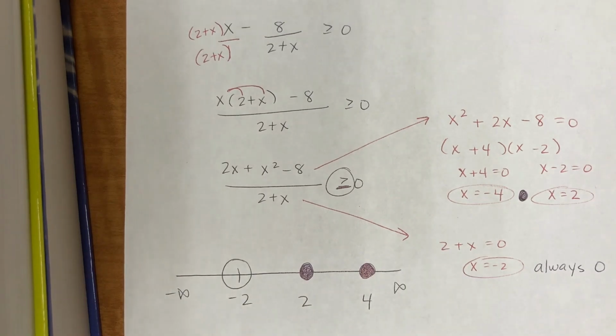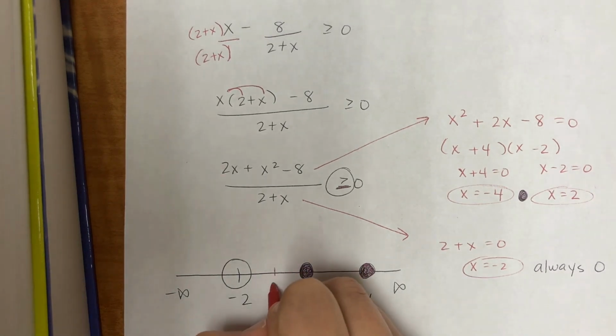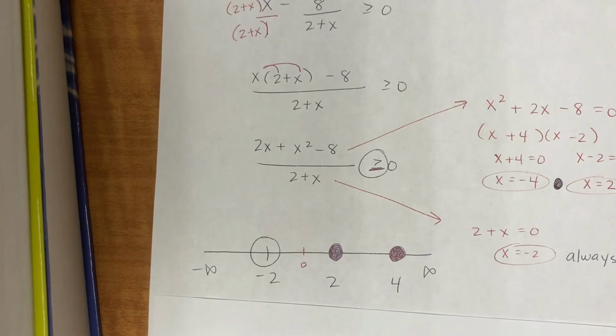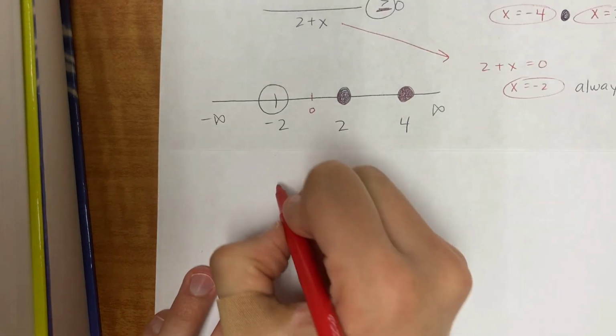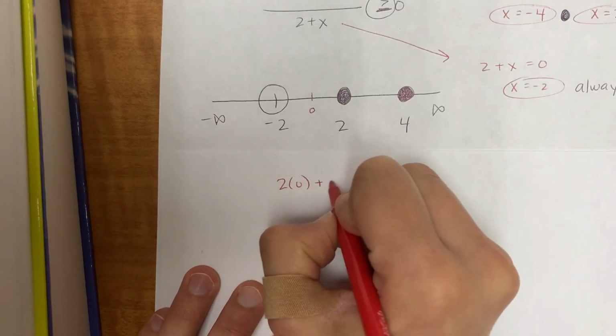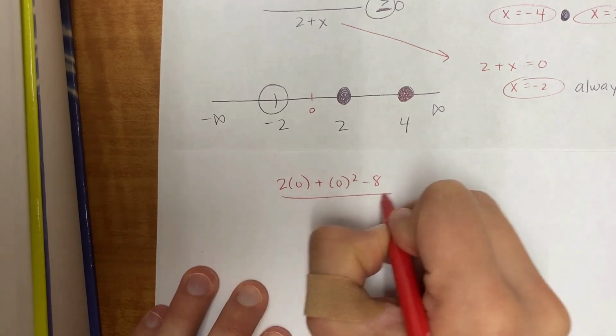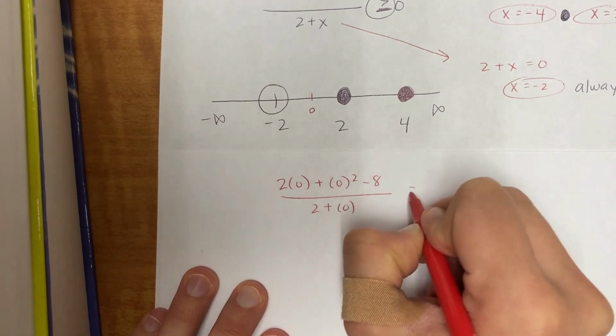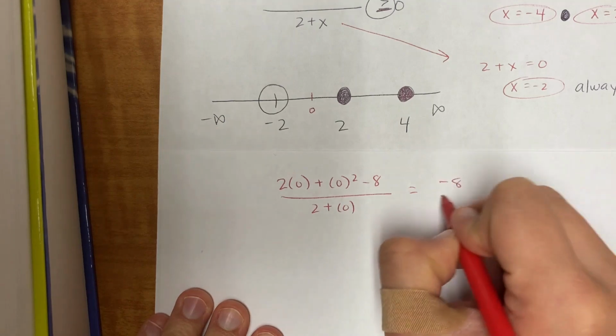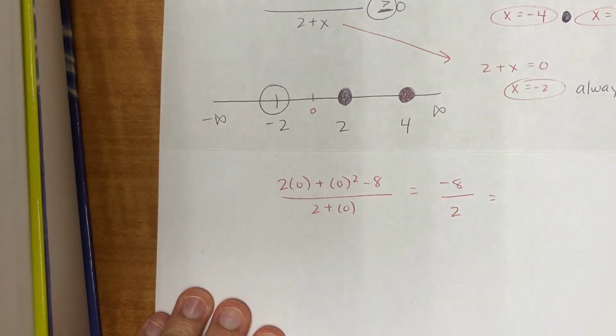All right, test numbers from each interval. I'm going to test a 0, which would fall in the second interval. I'm going to sub in 0 to my equation. Add across the top, add across the bottom, before you simplify the overall fraction.